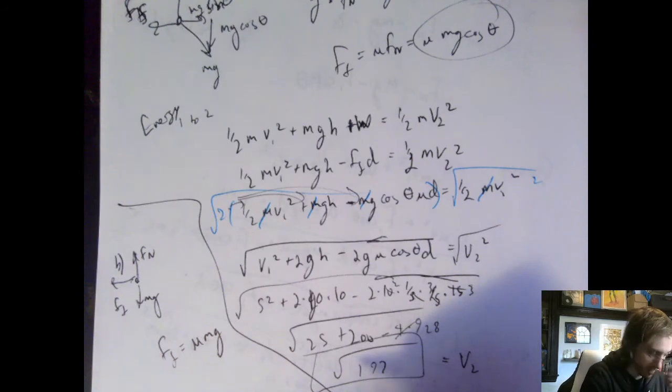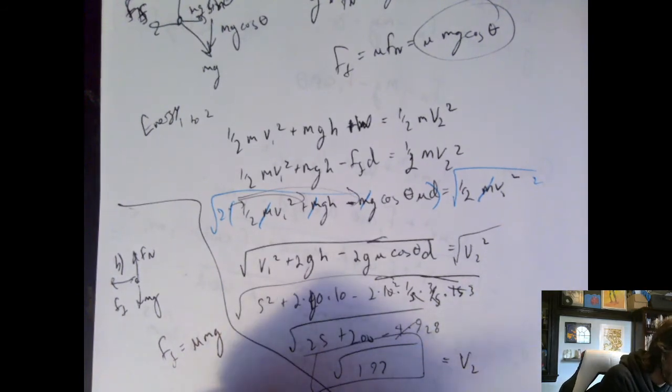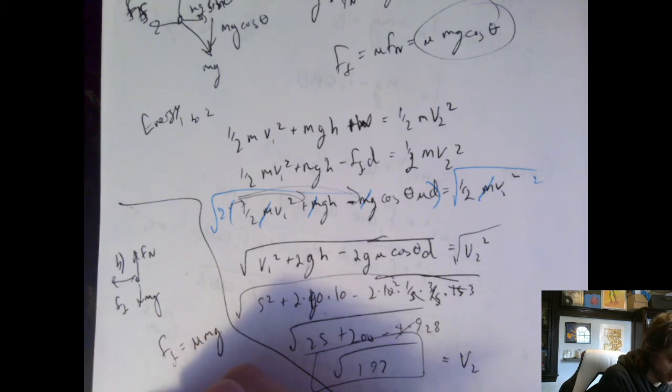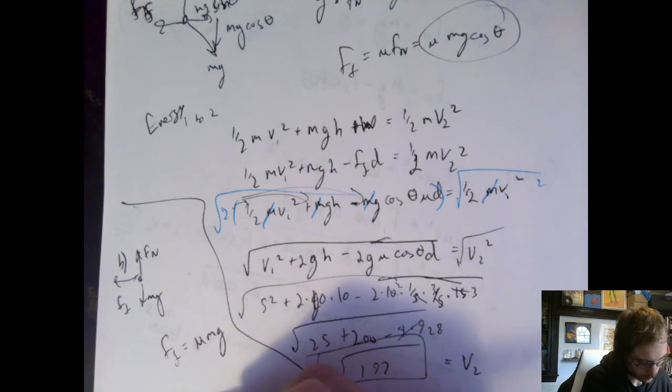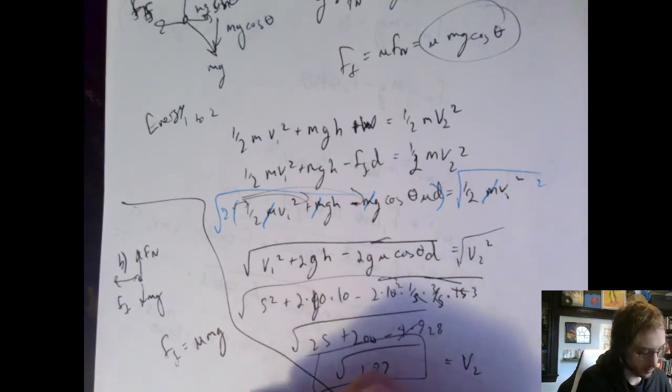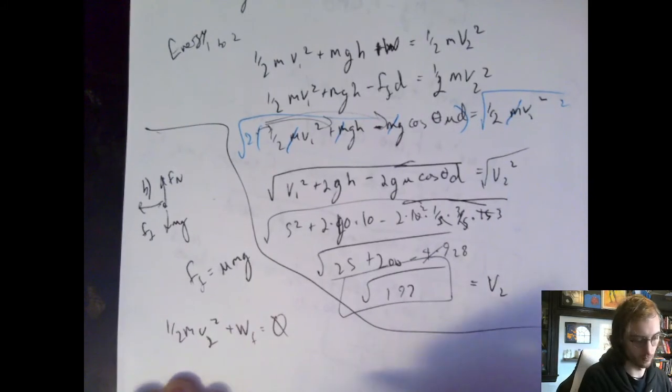We're trying to figure out how far it slides before it stops. So if we take our 1/2 mv2 squared that it starts with at the bottom, and we add the work that friction is doing, that'll equal 0, because it needs to have no energy at the end.